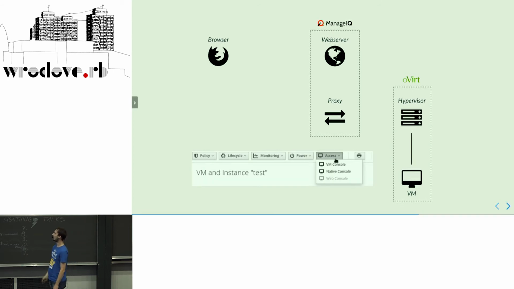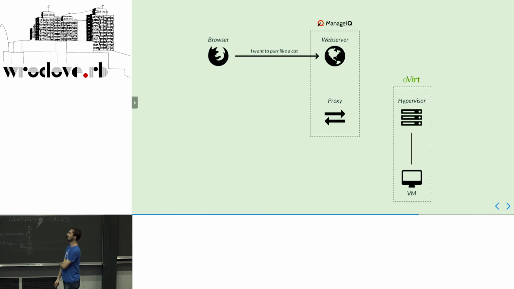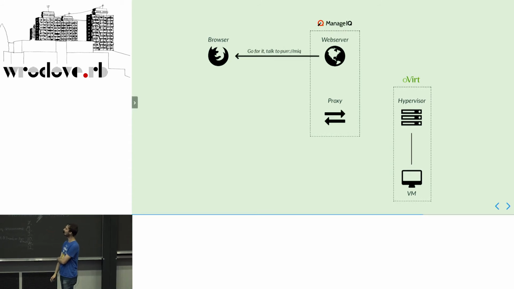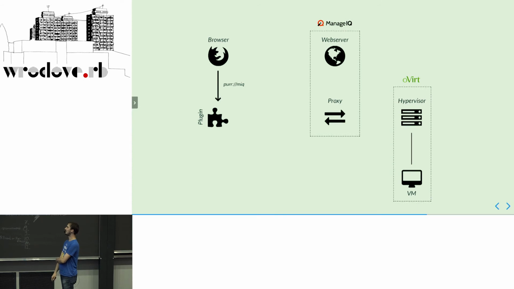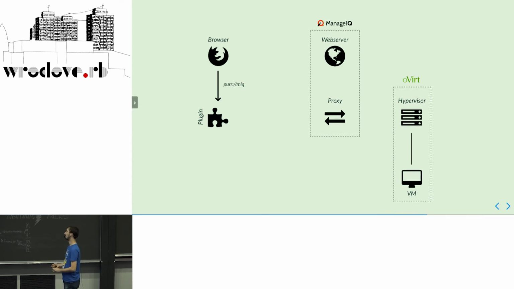And you click on a new button called Native Console that will send a request to the web server that we would like to open a connection. That sends back a request that goes to per://miq, which activates a browser plugin because you cannot open a TCP connection from the browser.